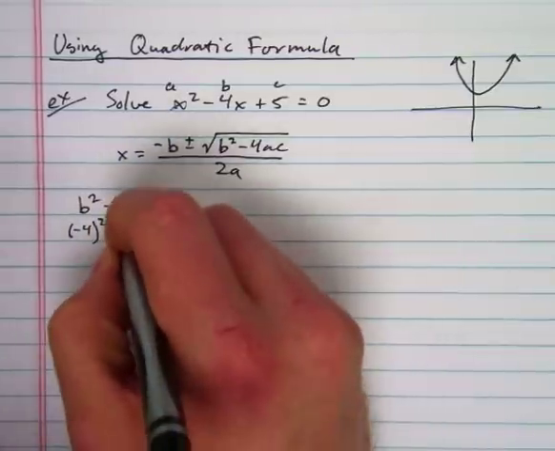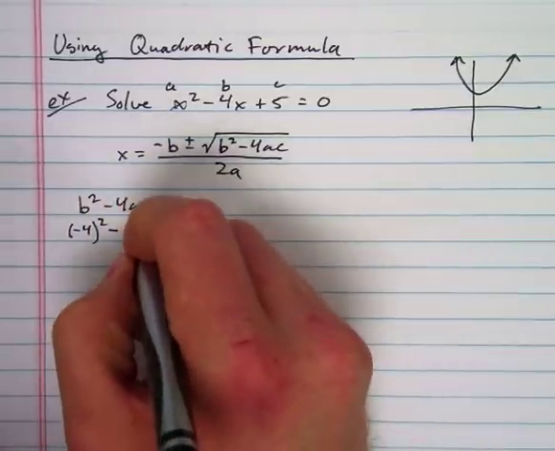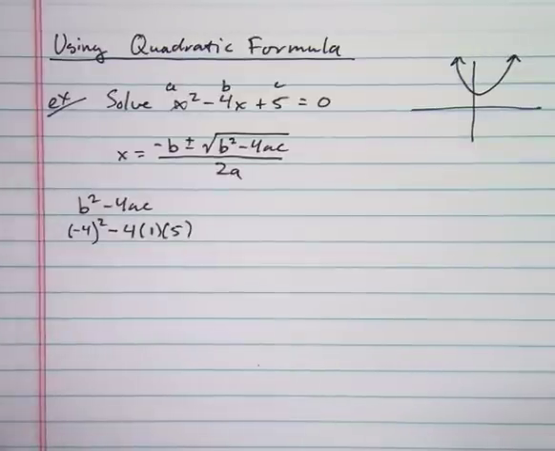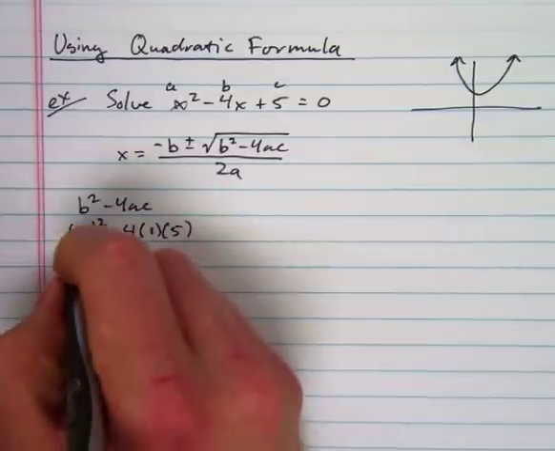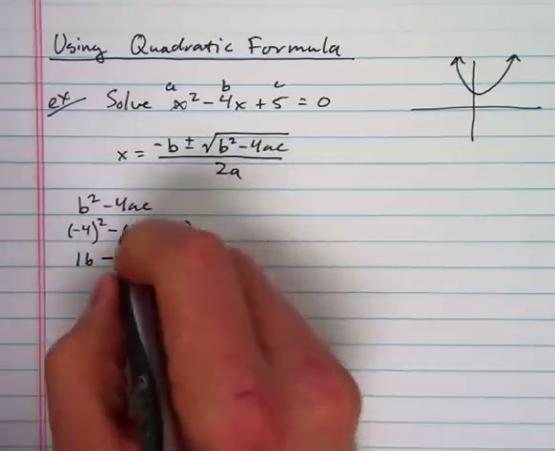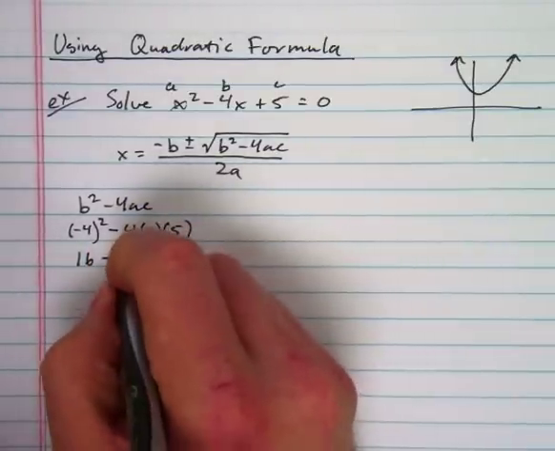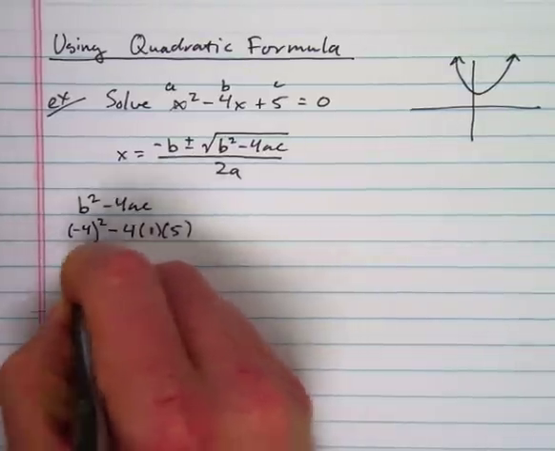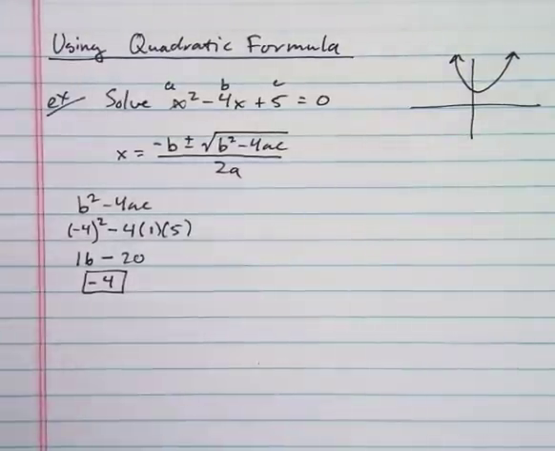Keep the minus, keep the 4. A is 1, C is 5. You guys are used to this. Negative 4 squared is 16, but we're going to subtract, and this whole thing right here is going to be 20. So we end up with a negative 4. Okay, so that's the mess that was under the square root.